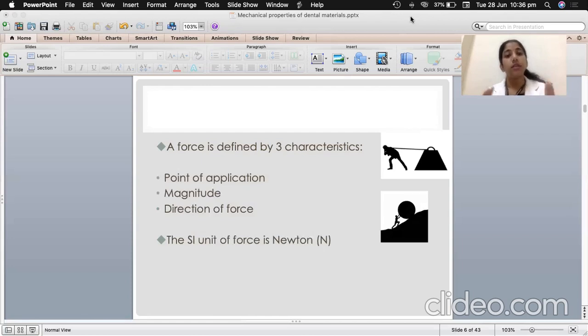If you are applying the same 100 Newton of force that moves the material on a parallel plane, the material will move faster. But on an upward hill, with the same 100 Newton of force, the material might not even move. That is the direction of force, the direction in which you apply force. That also we should keep in mind.